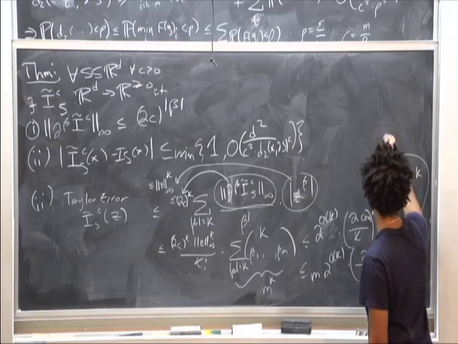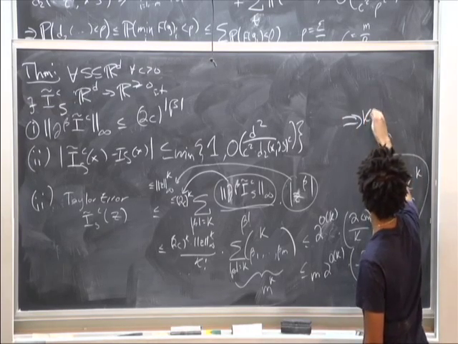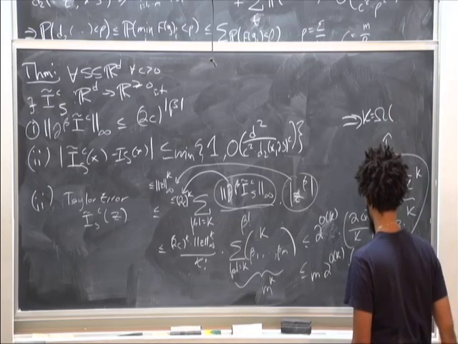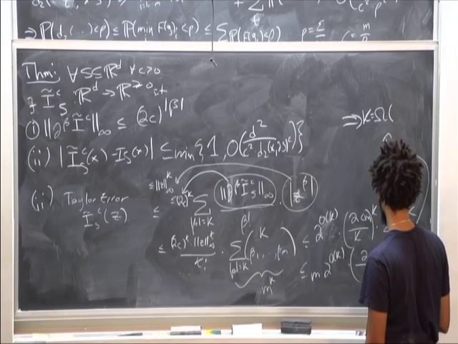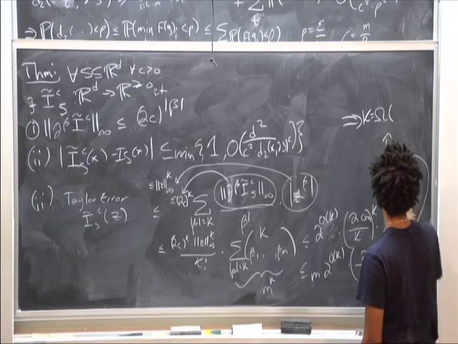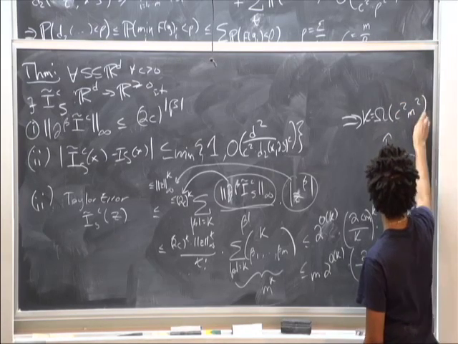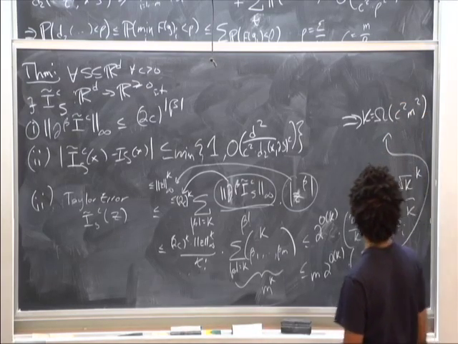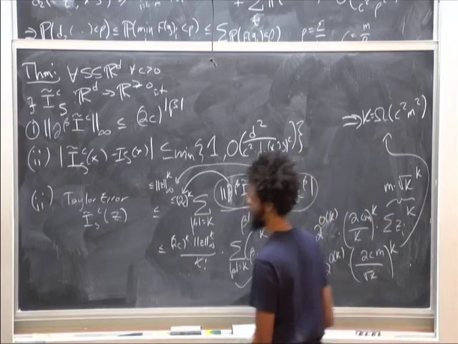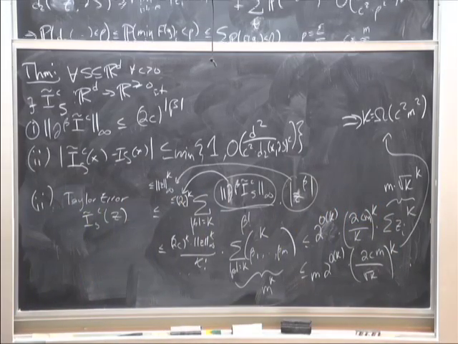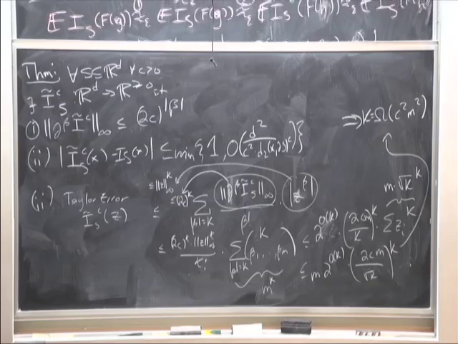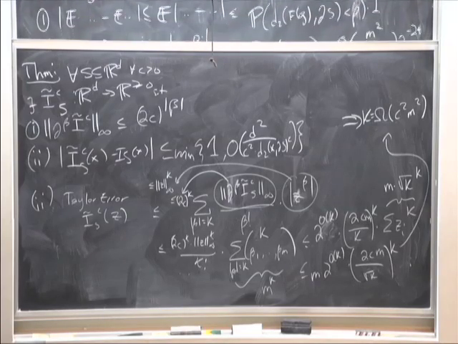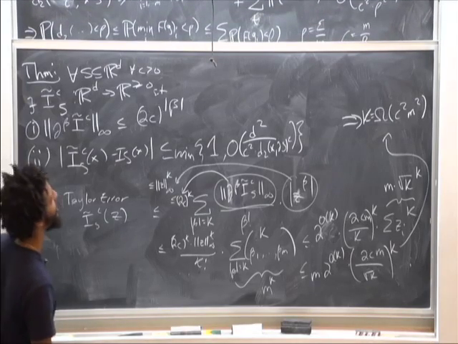So that implies that k should be at least c squared m squared. So if you track things, oh, no, no. You can't see that, can you?